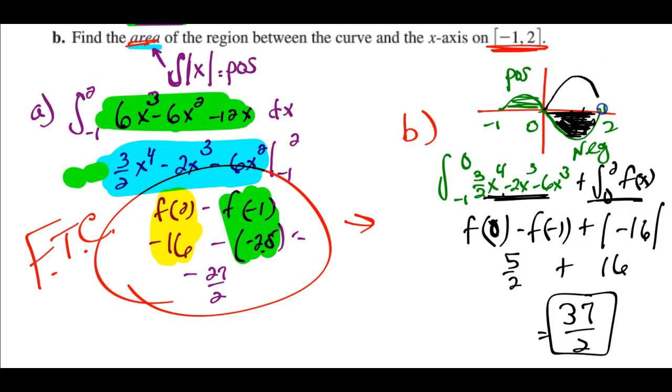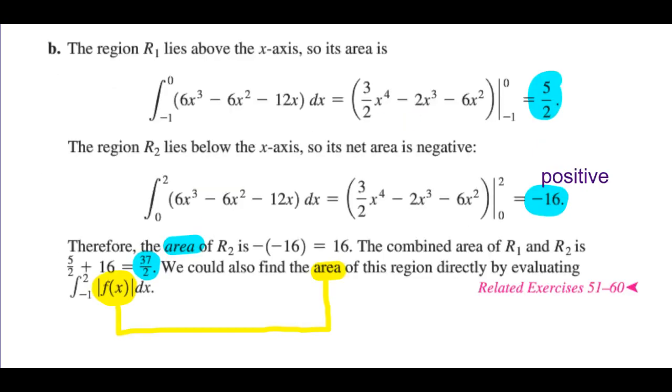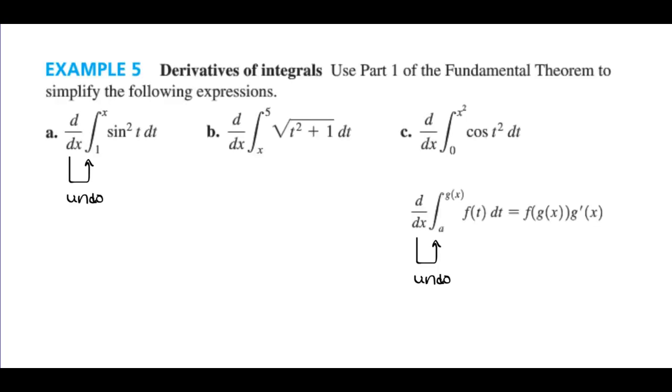So it's actually kind of looking like this, and then finding positive area. I hope that made sense to you. But again, show me a little bit of work. Here's the author's explanation of making this a positive area.